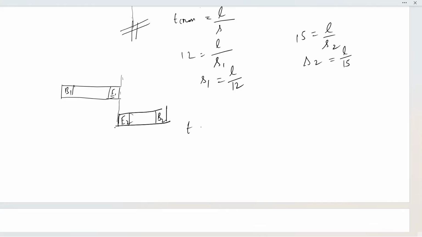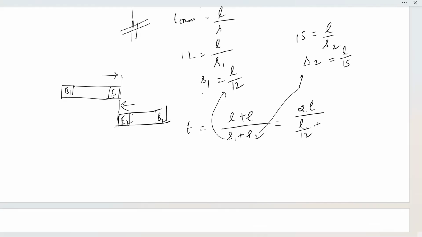So T crossing will be the sum of both the lengths of the trains, L plus L, upon the relative speed, which is S1 plus S2, because they are moving towards each other. Now this becomes 2L, and I'm putting the values of S1 and S2, so this becomes L by 12 plus L by 15.